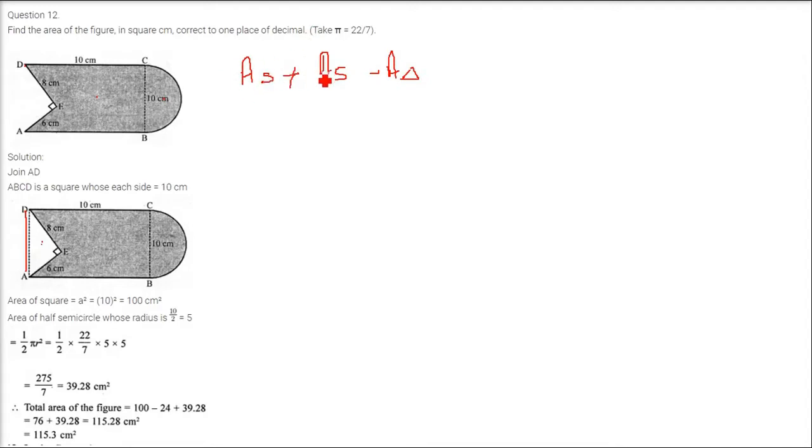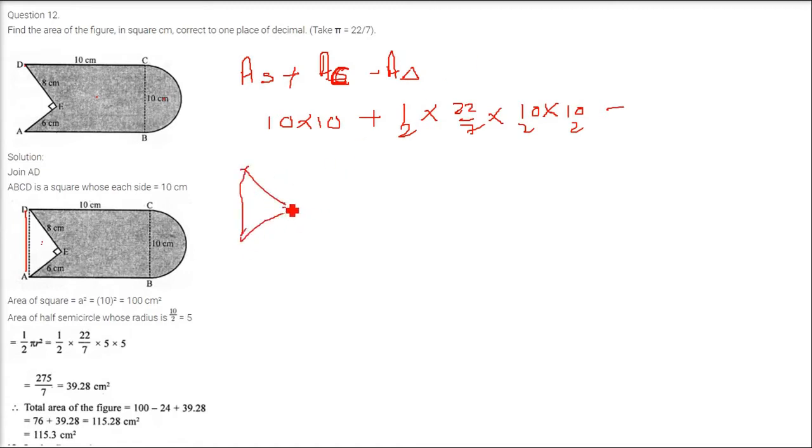So what is the area of this semicircle? Let me write it as C. Area of the square is side square, so we have 10 into 10 as the area of the square, plus what is the area of this semicircle? It is half into pi into r square. What is r? 10 by 2. Okay, now I have to subtract this triangle. This triangle has a 90 degree angle, so I can take this as base and this as height.